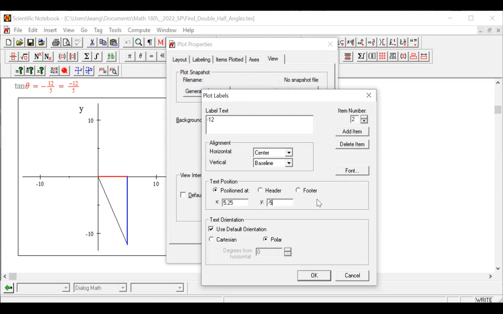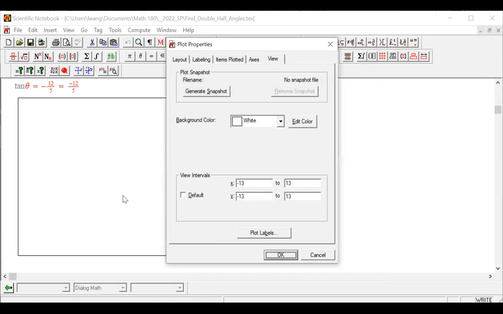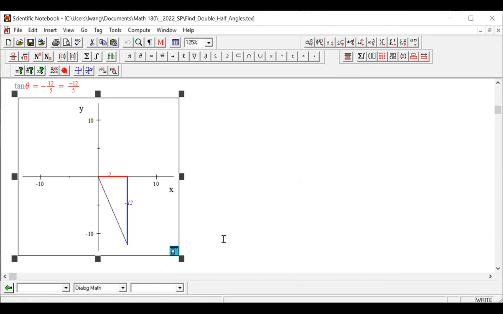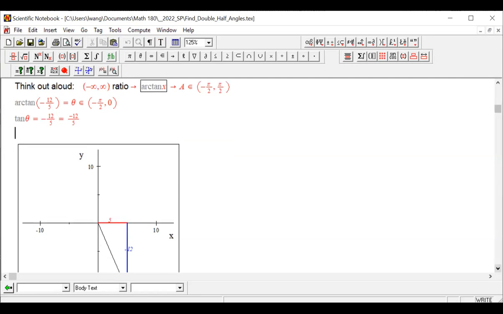And of course, the hypotenuse is 13. So we now get everything pretty much. And the angle, this is theta. Quadrant 3 and quadrant 2 are gone. So we're almost there.